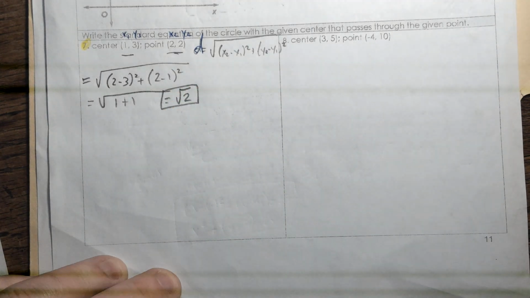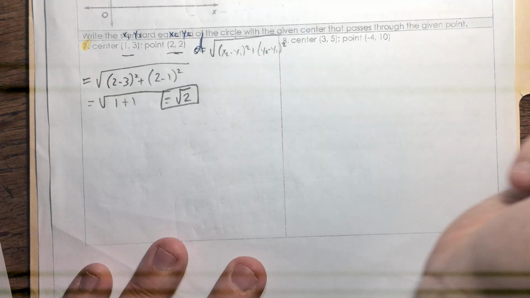We're looking for 2 minus 3, that's the y's, plus 2 minus 1, that's the x's. So 2 minus 3 is 1, 1 squared is 1. 2 minus 1 is 1, 1 squared is 1. So your distance for your radius is the square root of 2. All right, that's not a problem. So our radius is the square root of 2.